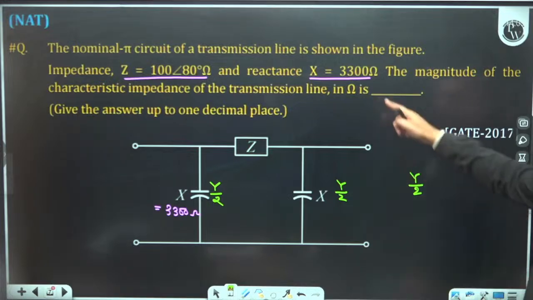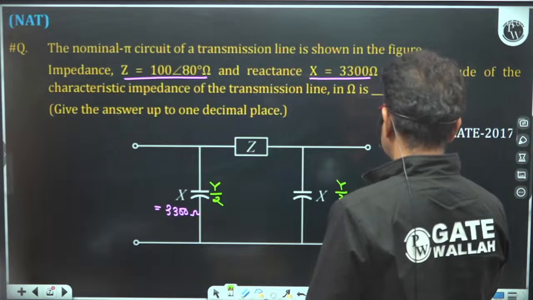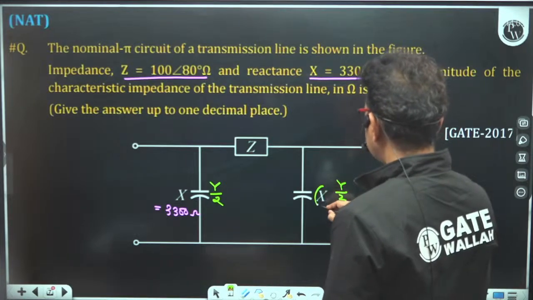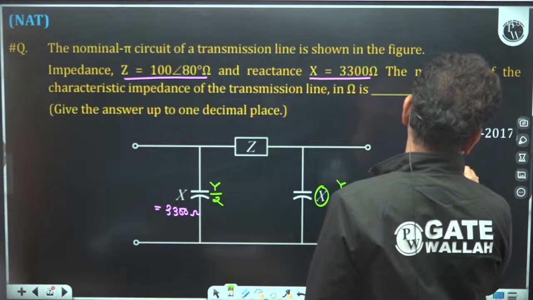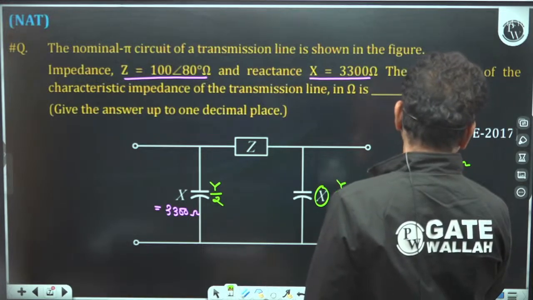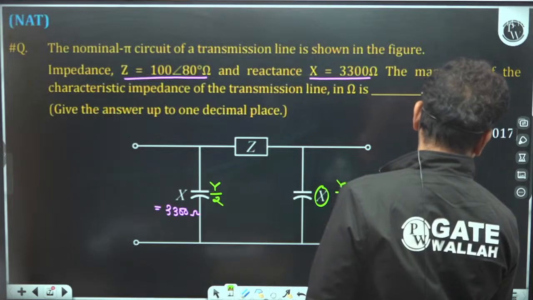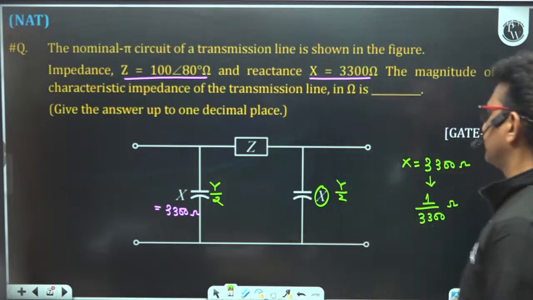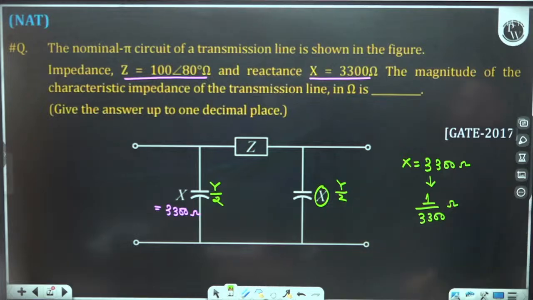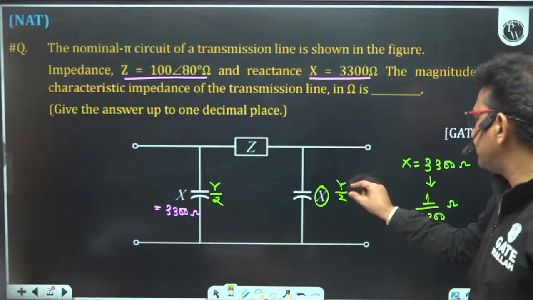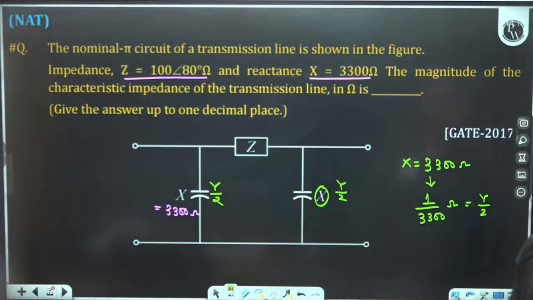Now its value is given in the reactance term, that means its inverse is given. If X is 3300 ohm, then in terms of admittance its value is 1 upon 3300 mho. If I convert this reactance into admittance, it will be 1 upon 3300. And this is the admittance Y by 2.